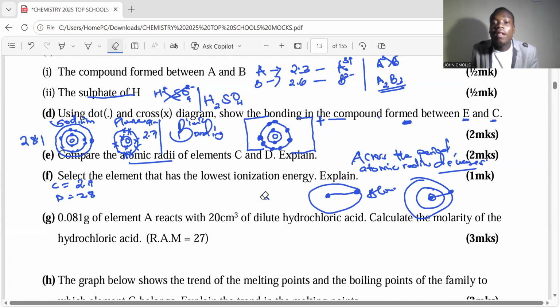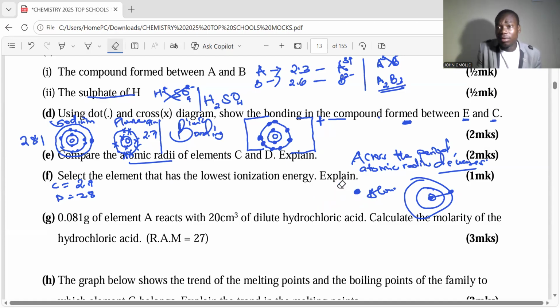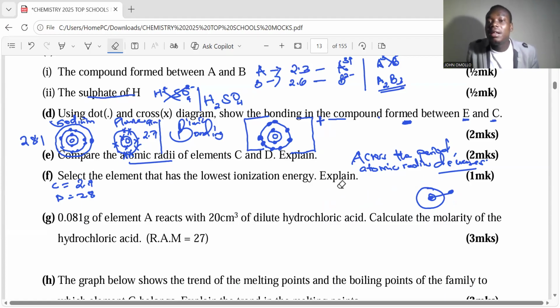Those with a higher number of electrons within their outermost energy level experience greater pull of electrons towards the nucleus. And when the electrons are being pulled towards the nucleus, there is reduction of the atomic radius. So the atomic radius is being limited to a smaller size as compared to the one with few electrons. So that is what happens.